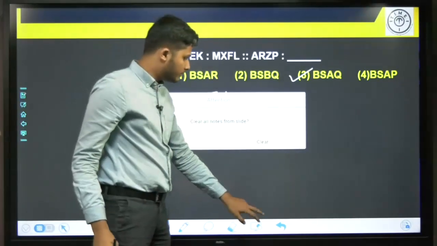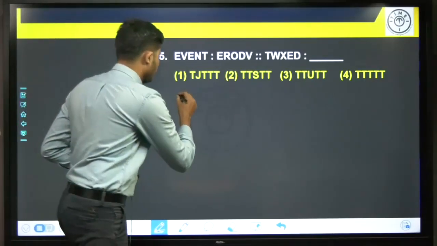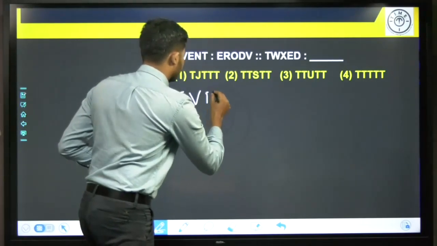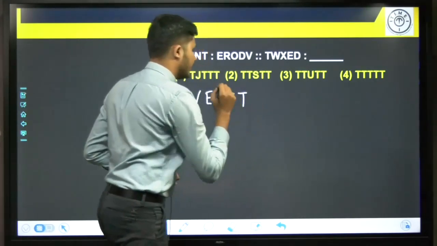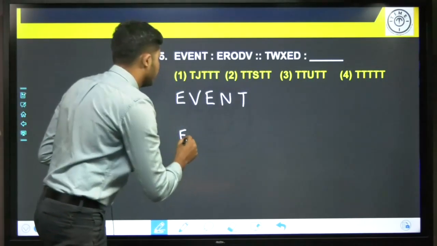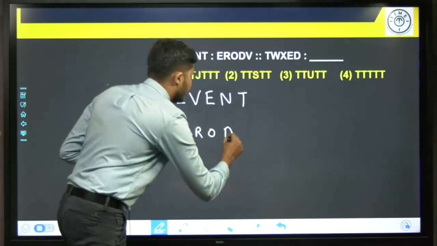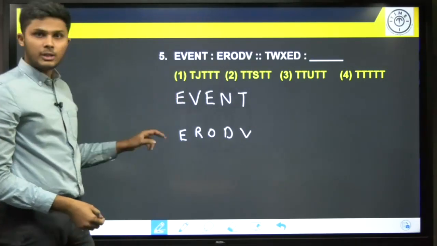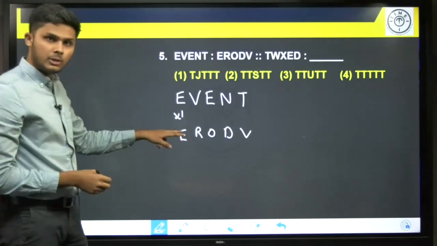Let's look at the next question. Event, E V E N T, R D and V. E, 5 into 1, the place value of E is 5, 5 into 1 is 5, and the place value is also 5.